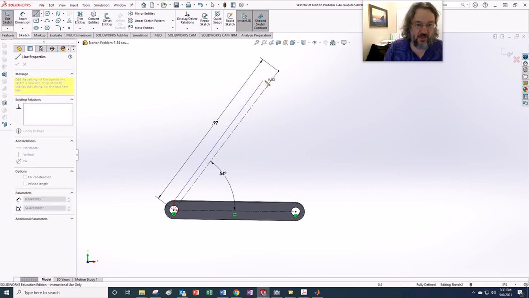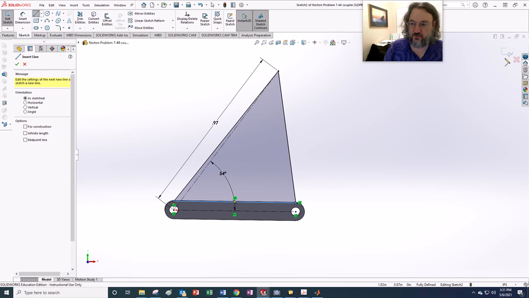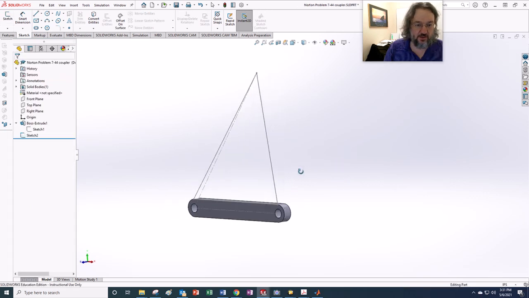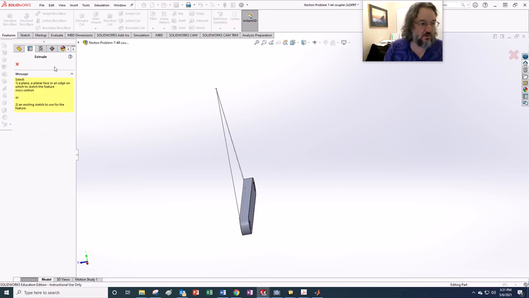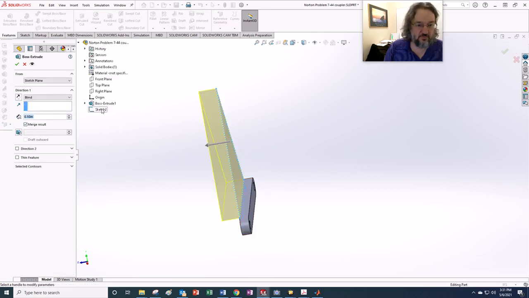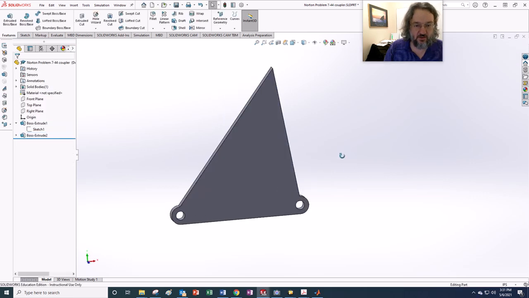So I'm going to grab that point up to there, over to here, over to there. Forms a nice little triangle, and then I will just extrude that. Oh, I need to grab a hold of the sketch. Extrude that. I want to instead go up to this surface, and I'll go up to that surface. There you go. Boom. All right.